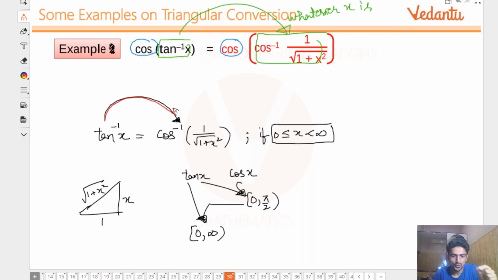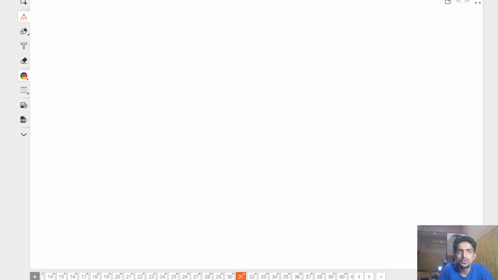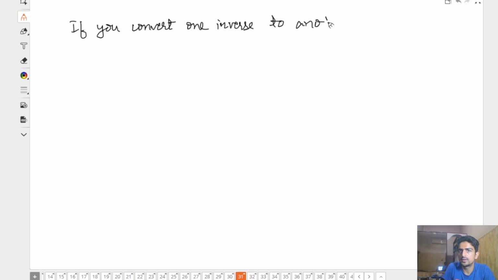If you convert one inverse to another inverse, नीचे लिखो point one. Convert one inverse to another inverse.